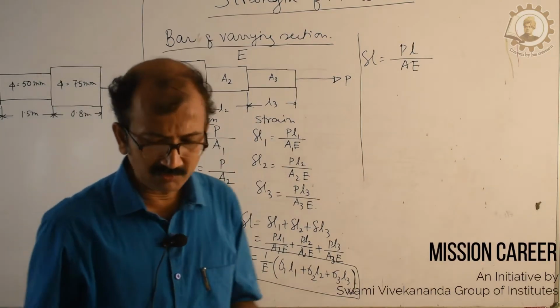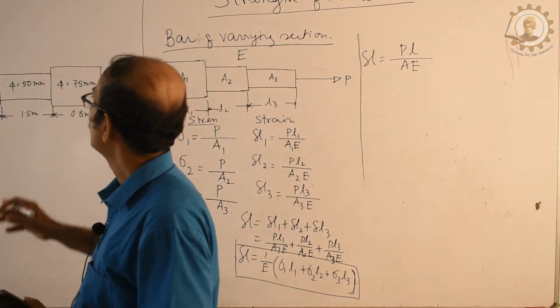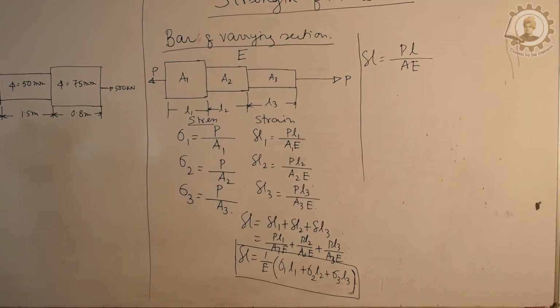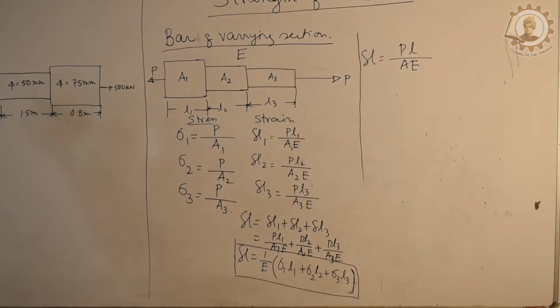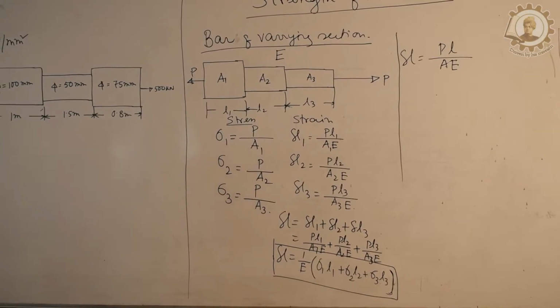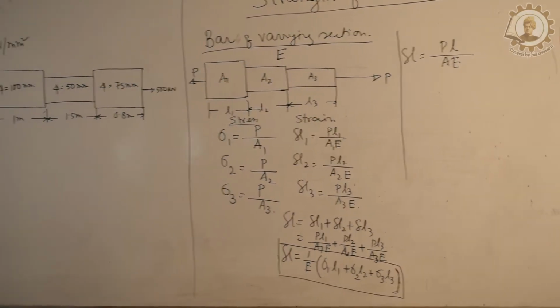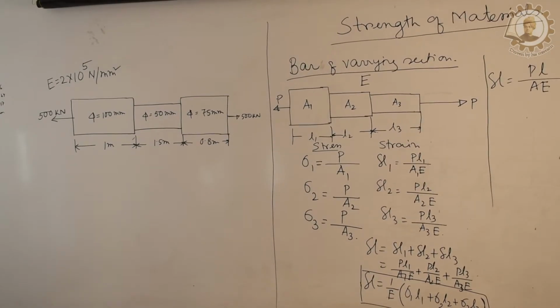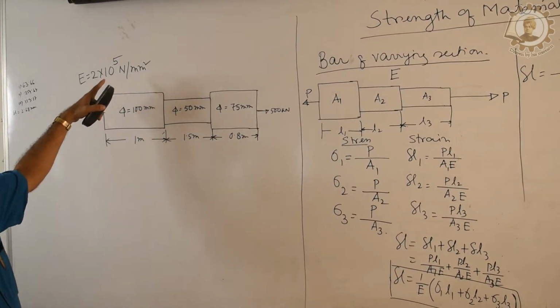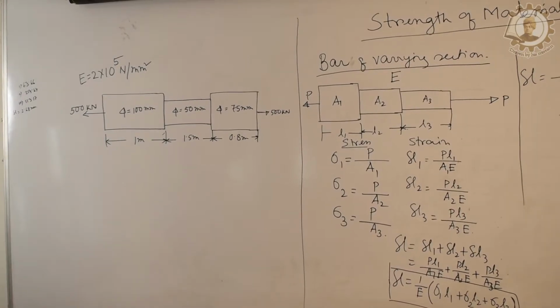Now in a particular problem, this is a bar of varying section and subjected to 500 kilonewton tensile force at both the ends. And the modulus of elasticity, that is the value of E, equals 2 into 10 to the power 5 Newton per millimeter square.